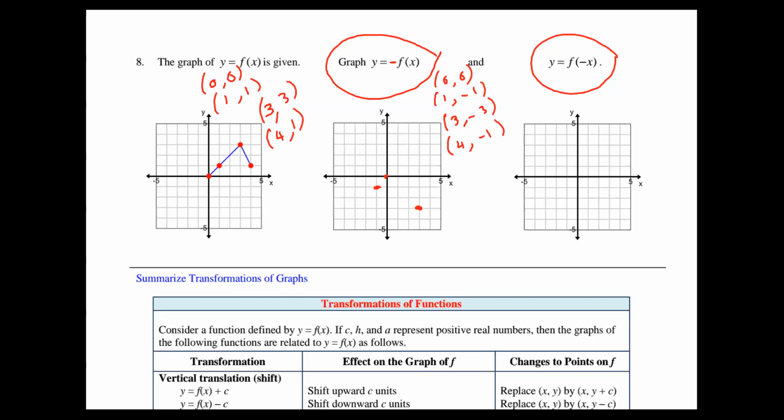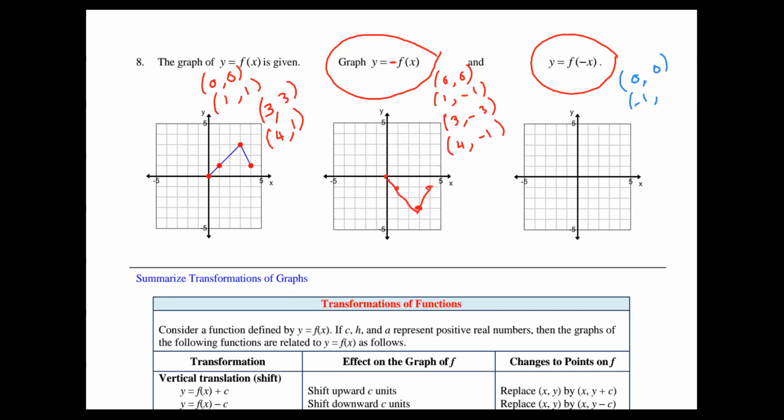So 0, 0, 1, negative 1, and then 4, negative 1.